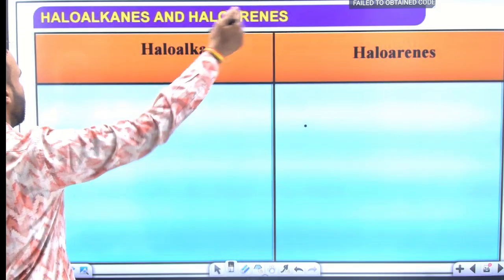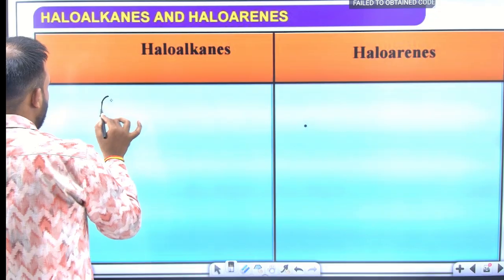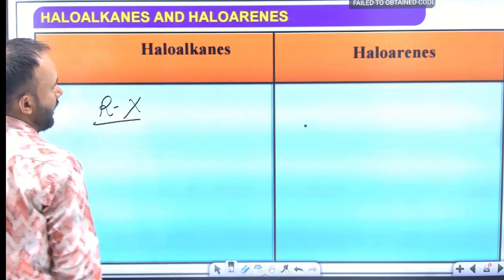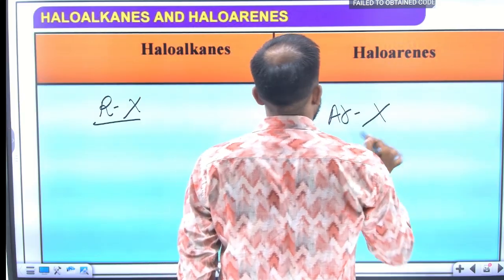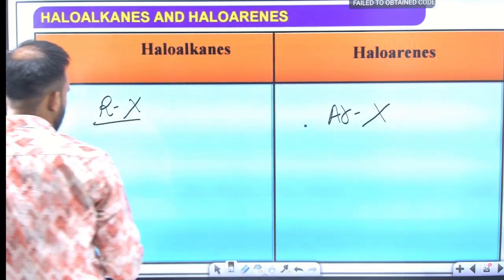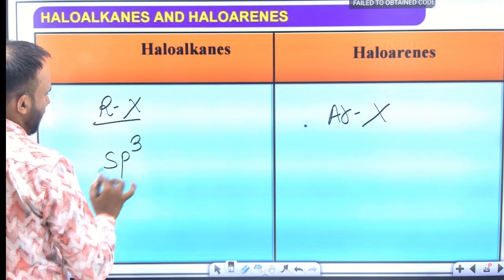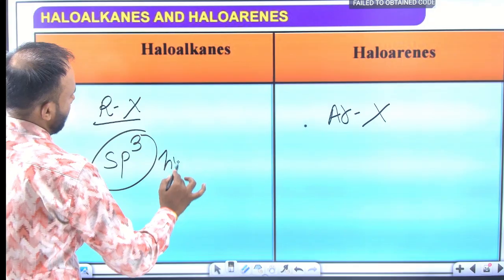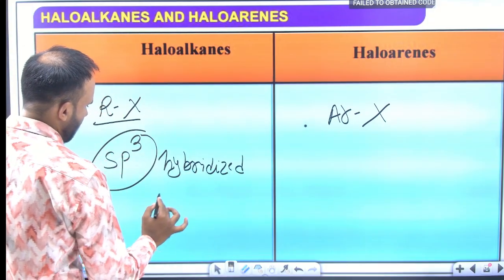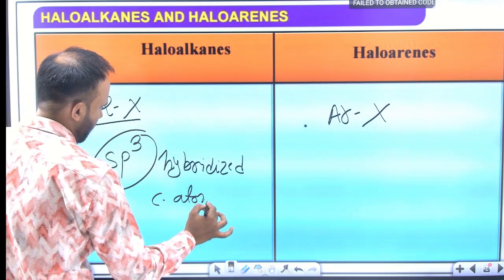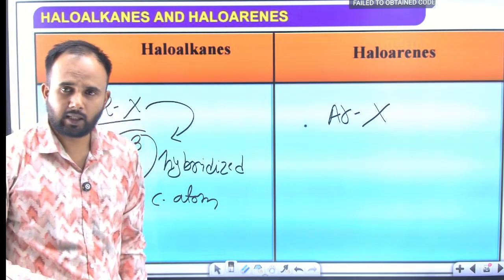What difference do we have? In haloalkanes the general formula is RX. For haloarenes it is ArX. Here, in a haloalkane, the halogen element is attached to an sp3 hybridized carbon atom.